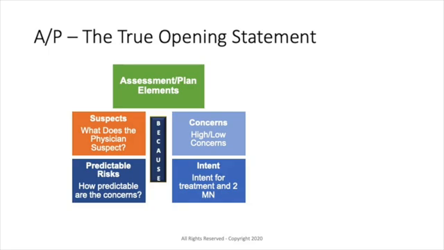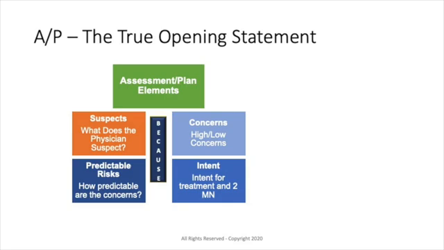The next one is concerns. Do you have high or low levels of concern for predictable events? We always think as physicians, what could possibly go wrong with my patient? Do we have high or low levels of concern for those risks? Next is predictable risk. How predictable are those risks that we're concerned about? Now, as a rule of thumb, I suggest that physicians think this way, considering the challenges that they have in determining a level of care.